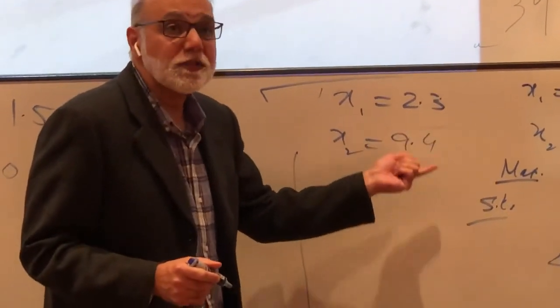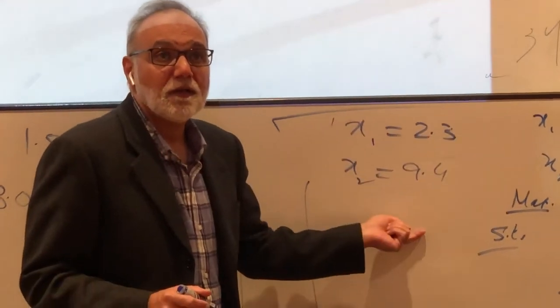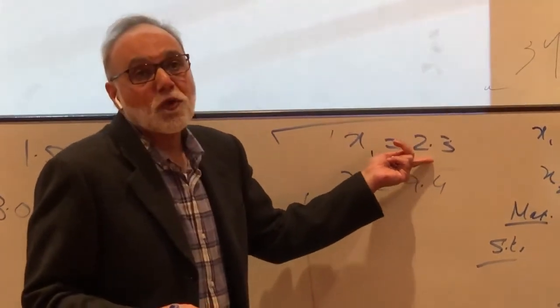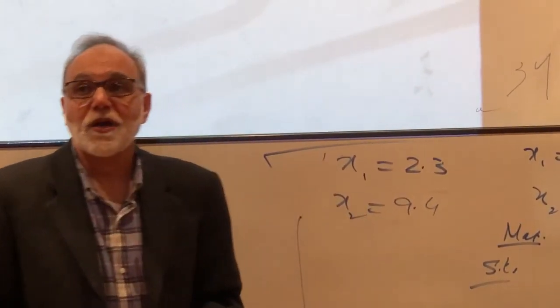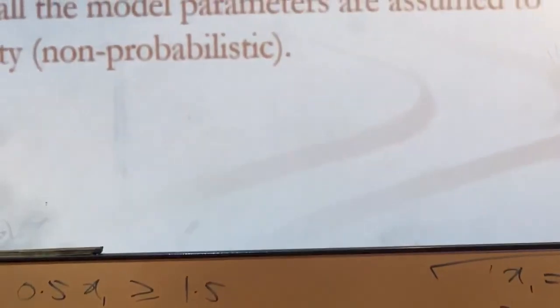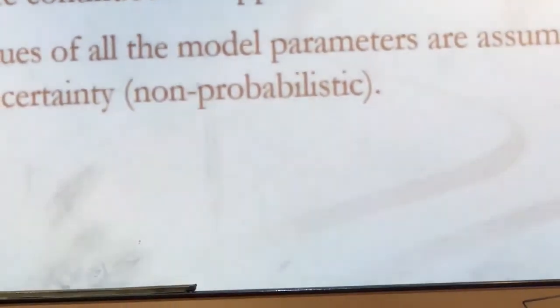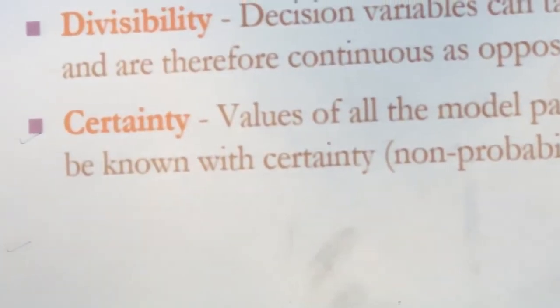Although these are not integers, the decimal numbers are there. We cannot make 2.3 bowls and 9.4 mugs, but we accept this solution in linear programming. This is called divisibility.